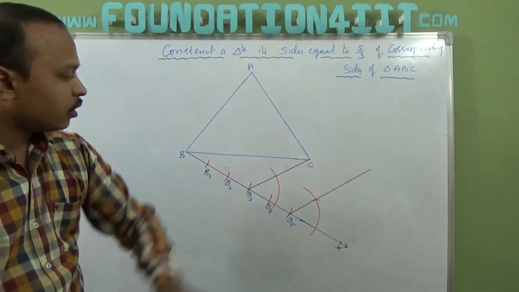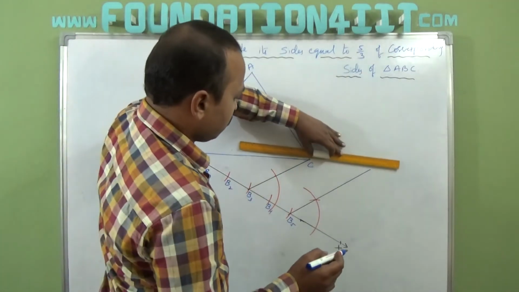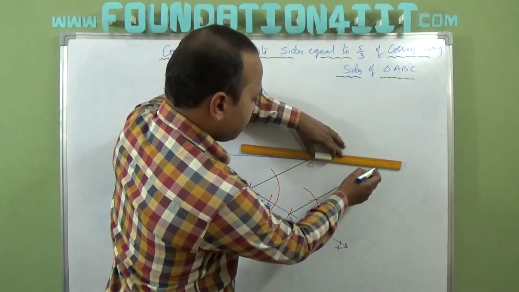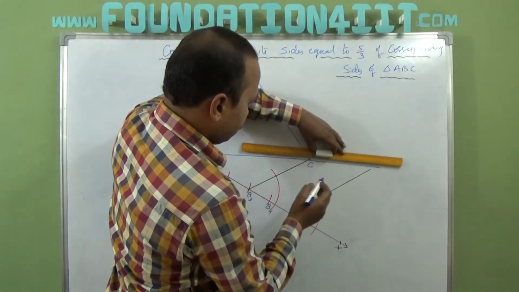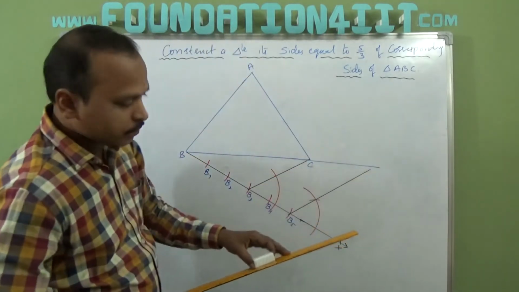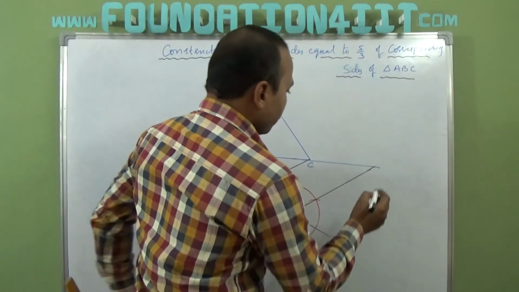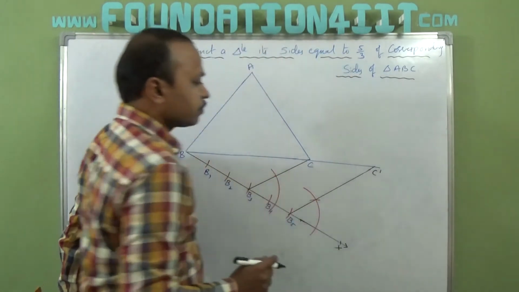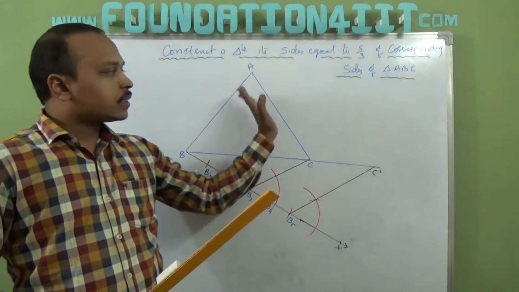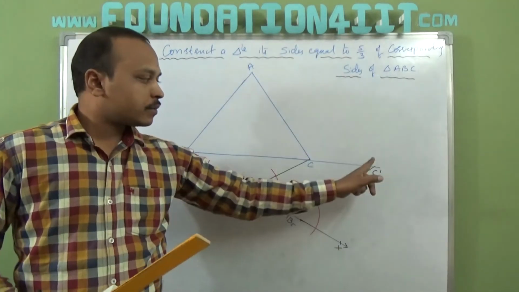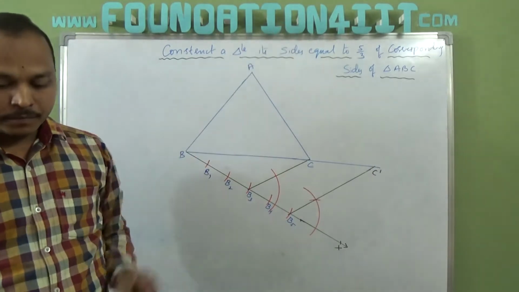So the previous triangle you can extend, because the new one will come bigger on that side. You can extend this. Then where it touches, that is C dash. Now AC is exactly parallel to one more side here. From C dash you should draw a parallel line.